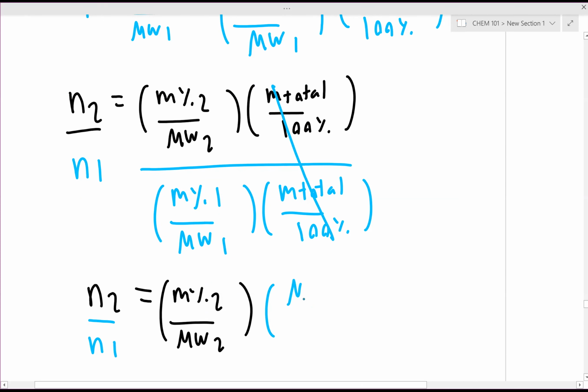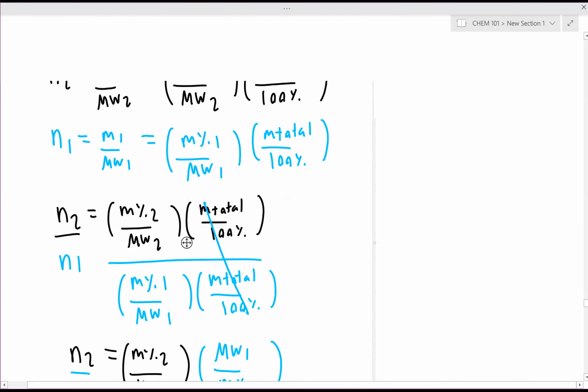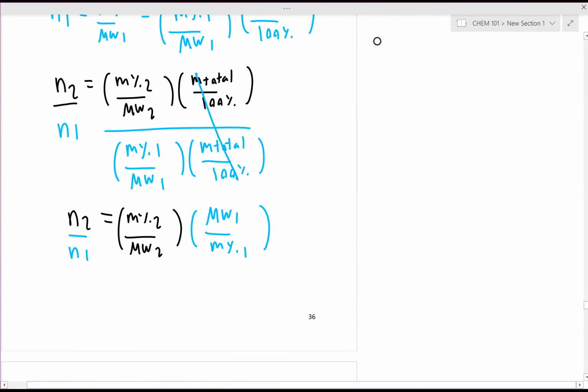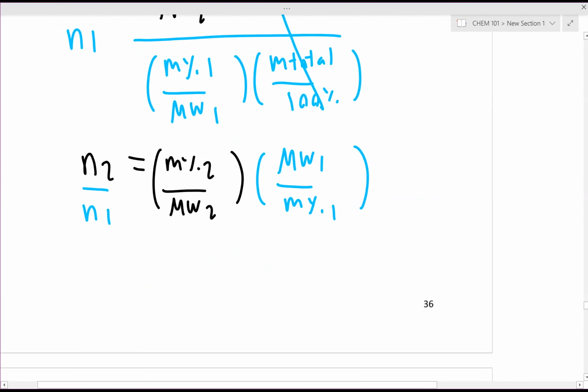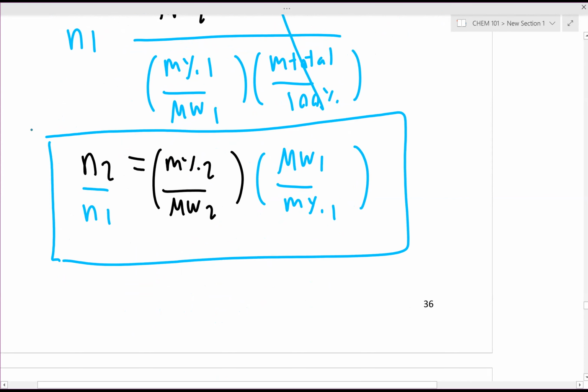So times the molar mass of 1 over the mass percentage of 1. And in the end, we have developed, and let me zoom in on this equation and put a box around it, an equation to calculate the mole ratio and to calculate the empirical formula given what two pieces of information? What do we need?